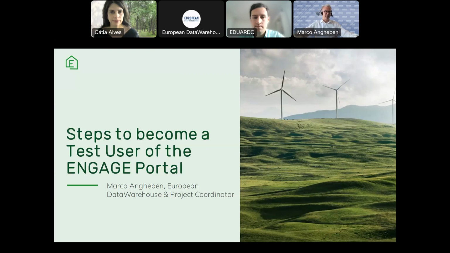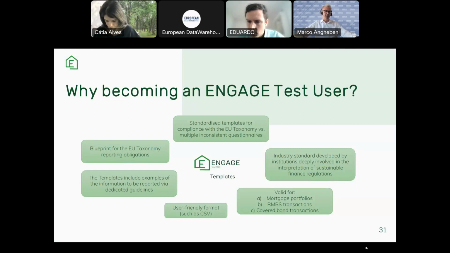Thanks, Katia and Eduardo, for the explanations. Also responding to the previous questions in terms of the confidentiality of the information: why become an engaged test user like the Unión de Crédito Inmobiliario? First of all, because we are trying to create standardized templates for the compliance of the taxonomy versus multiple, not always consistent questionnaires.